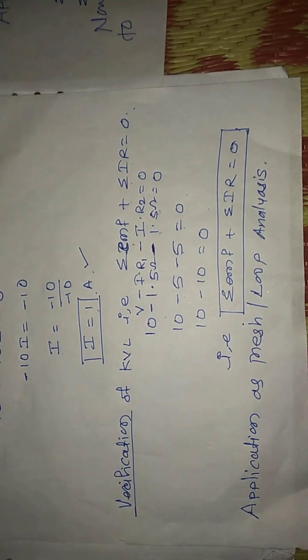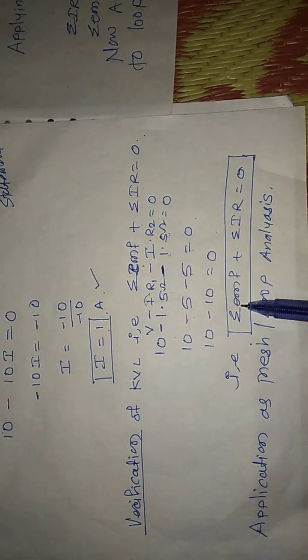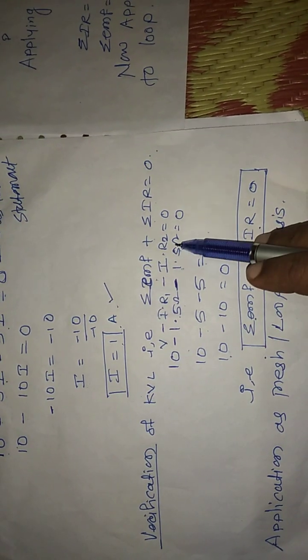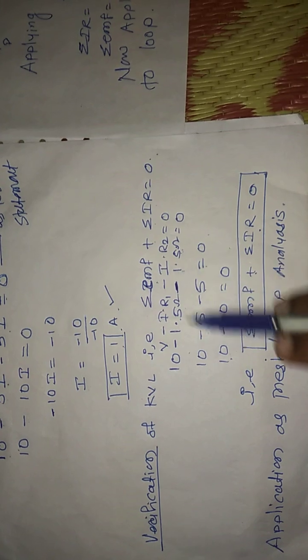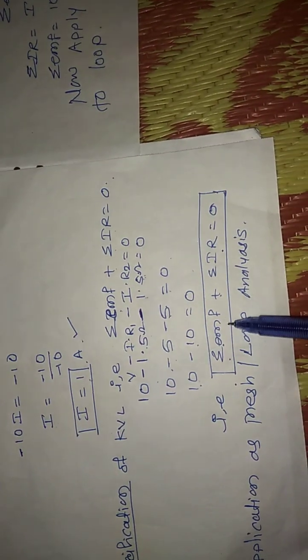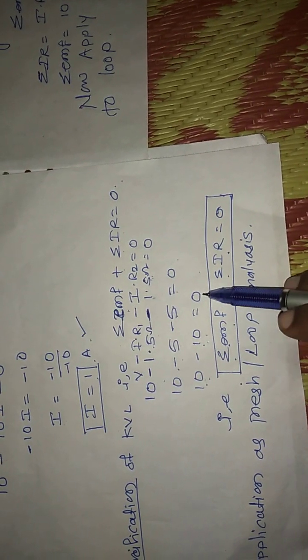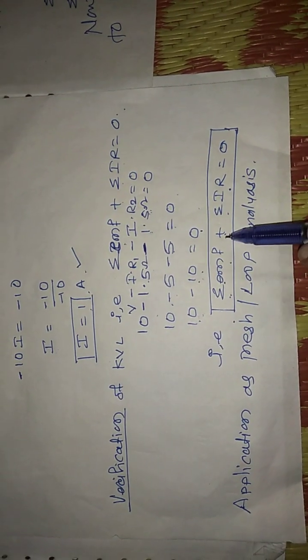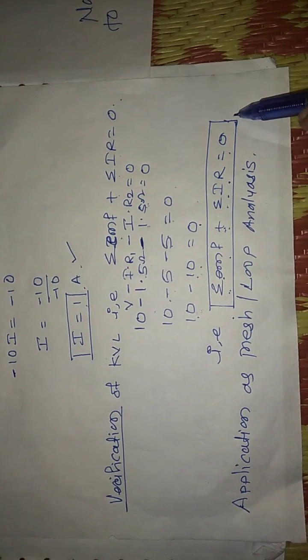Hence we can say that summation of EMF, that is 10 volt, plus summation of IR, there are two voltage drops IR of 5, total will be minus 5. Means the summation of EMF plus summation of IR, both values are the same, and they cancel, and the equation will be EMF plus summation of IR is equal to 0.